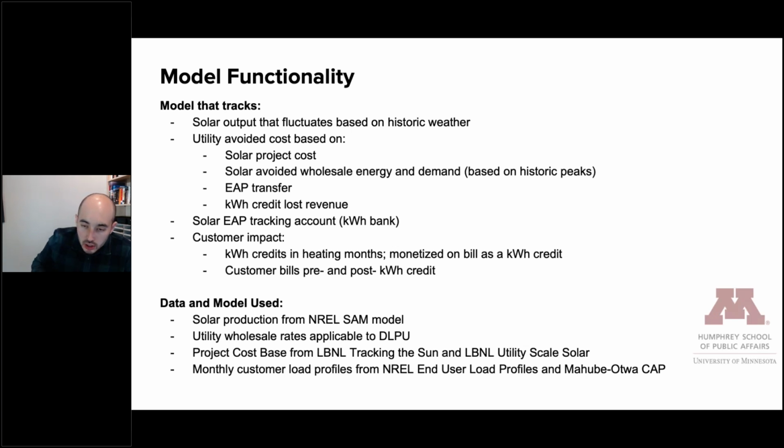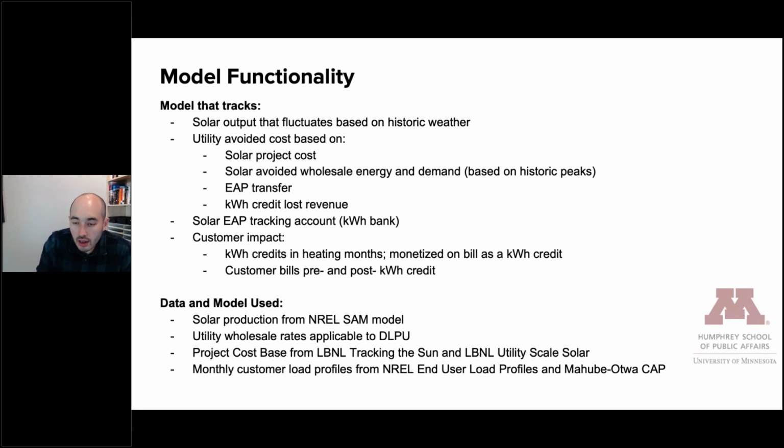So a lot of different data sources. We use the SAM model. We use a lot of confidential data from Detroit Lakes Public Utilities about their rates and how that works. We use some cost data from Lawrence Berkeley National Lab, and then the sample bills. We also used, very interestingly, the NREL end use load profiles to get simulated bills.